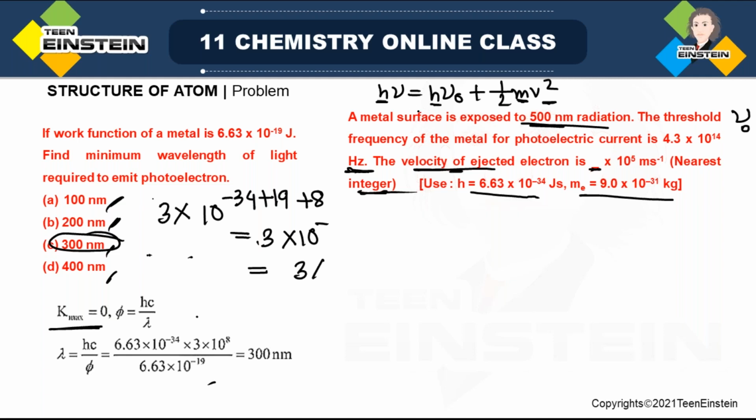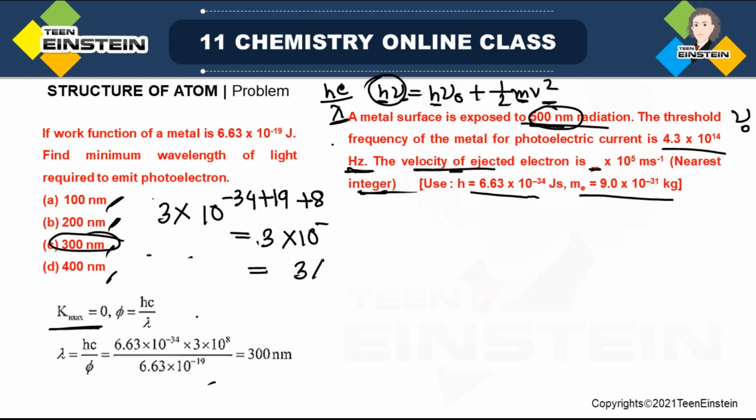Then what is the value of nu naught? That is also given, 4.3 times 10 to the power 14. Okay, and the nu value is also given, but not directly. It is given in terms of lambda, which is this 500 nanometer. So if you write this h nu in terms of hc by lambda, then easily put the value of lambda. So it depends on what type of information is given in the problem.